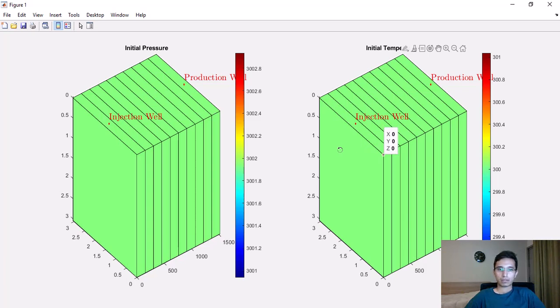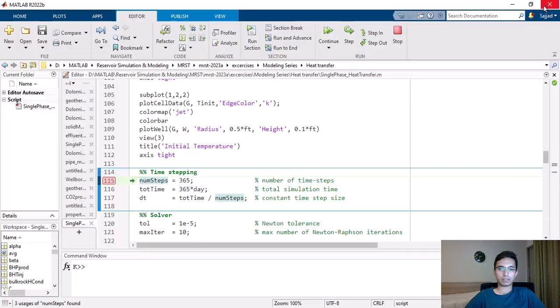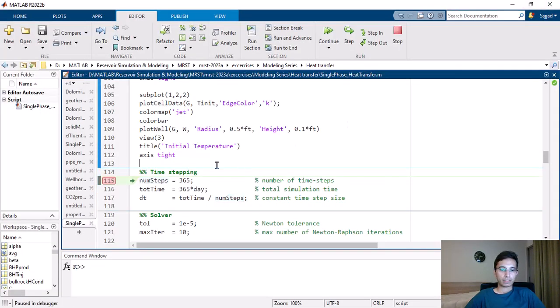So we can also see the injection and production wells. The injection well is located in the first cell of the domain, and the production well in the last cell of the domain.